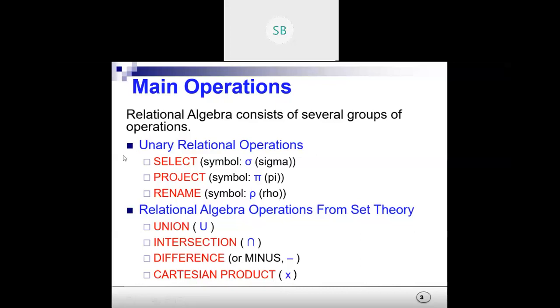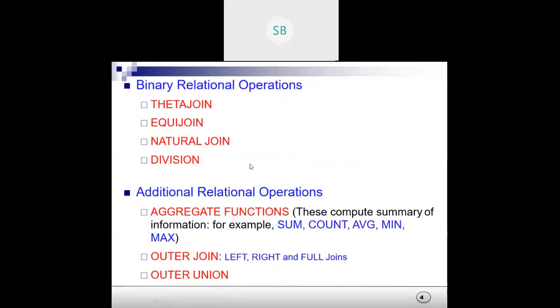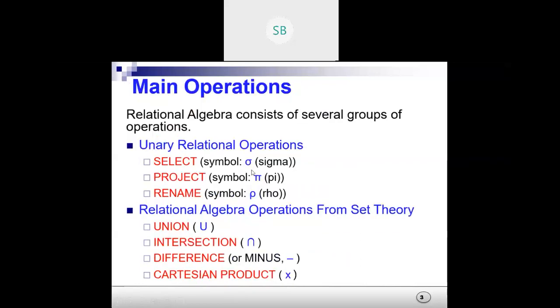Under this there are three commands: select, project, and rename. We represent the select operation using sigma, the project operation using pi, and rename using the rho symbol.